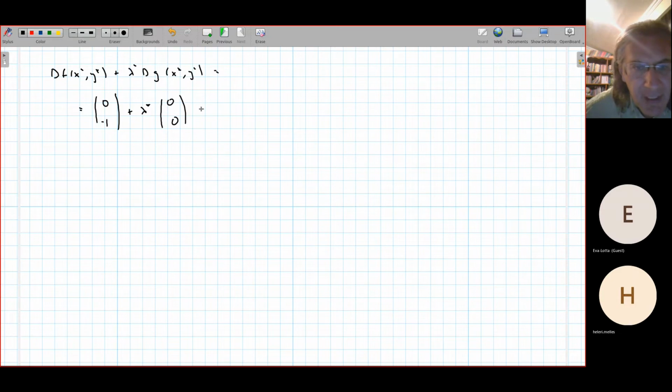You simplify, and you obtain this vector, which is never going to be equal to 0.